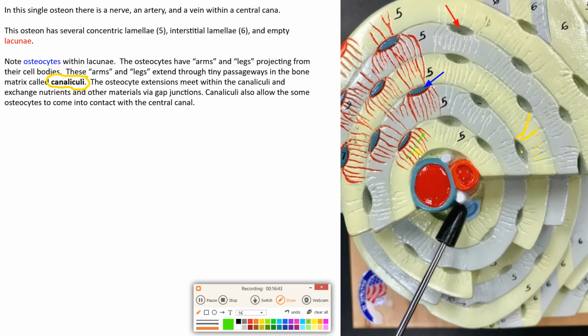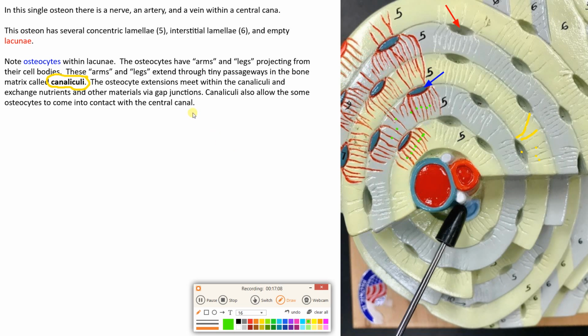This is going to let an osteocyte pick up nutrients and gases, oxygen and nutrients and signals from the blood. It can deposit wastes, and then it can exchange things with these other osteocytes with their arms and legs because they're extending through the canaliculi.